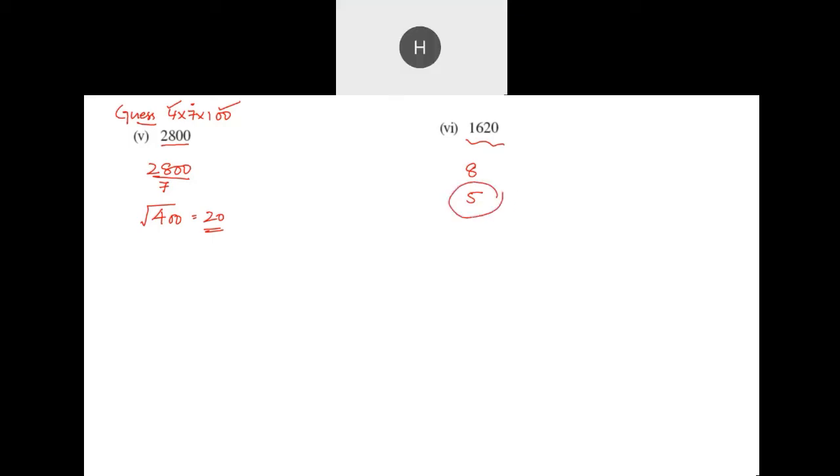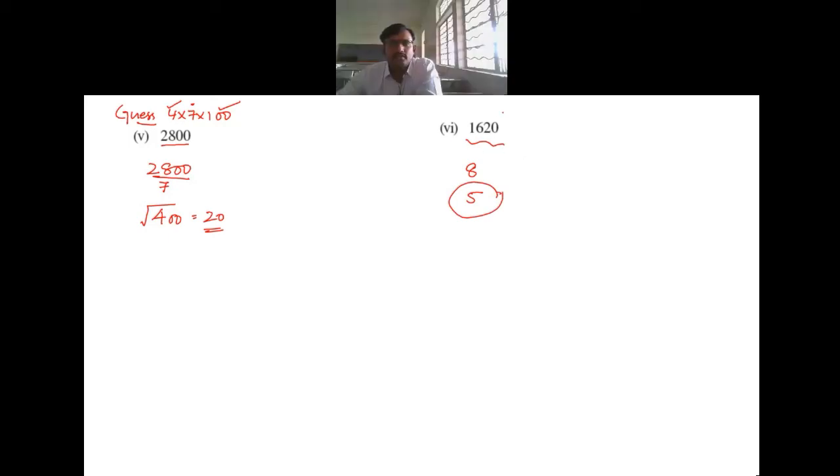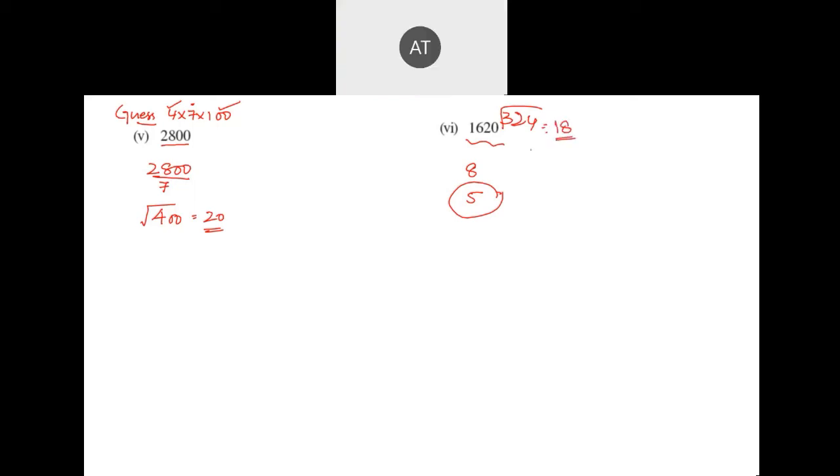Suppose if I divide by 5, what do I get? 324. The root of 324 is 18.